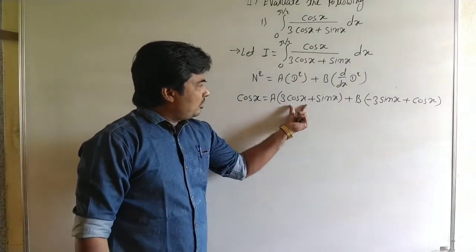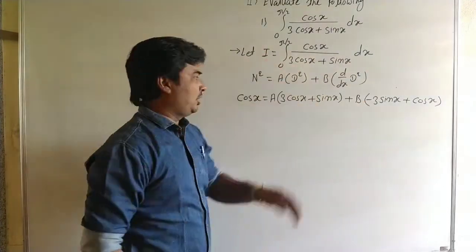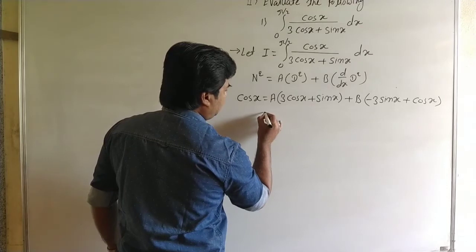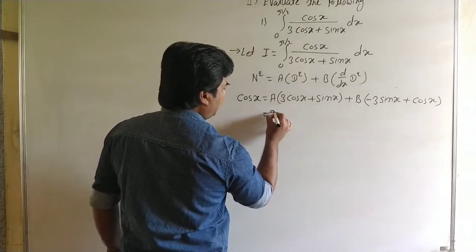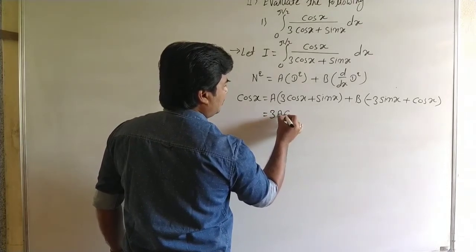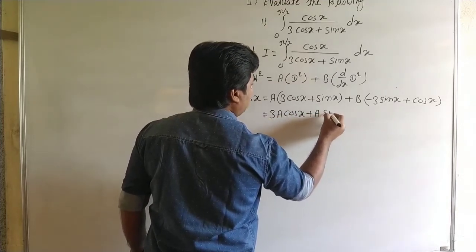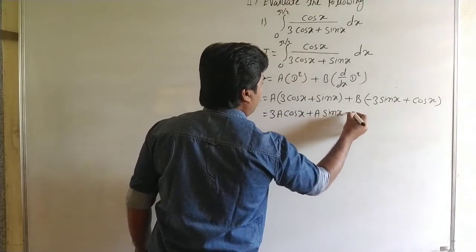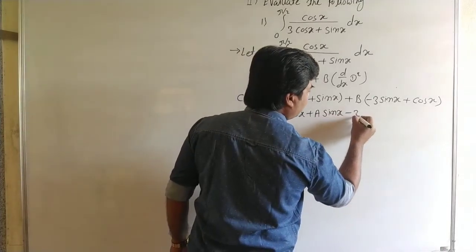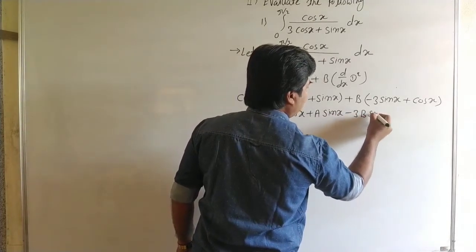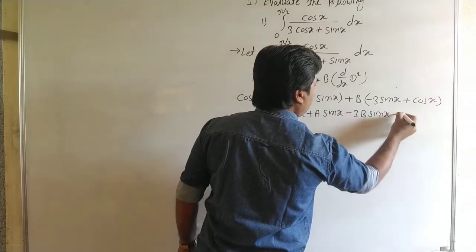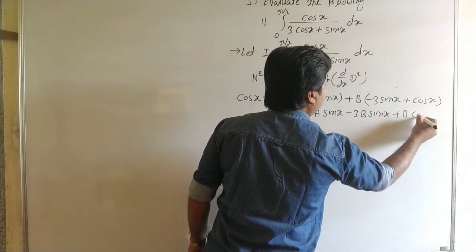A into denominator plus b into derivative of denominator, and then we multiply by a: it is 3a cos x plus a sin x, minus 3b sin x, plus b cos x.